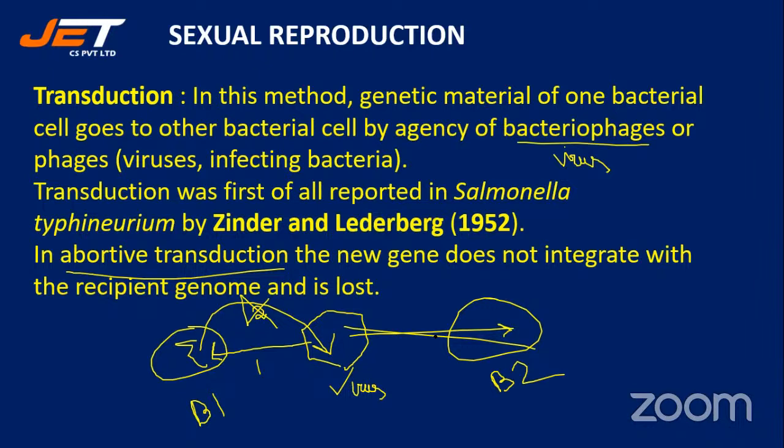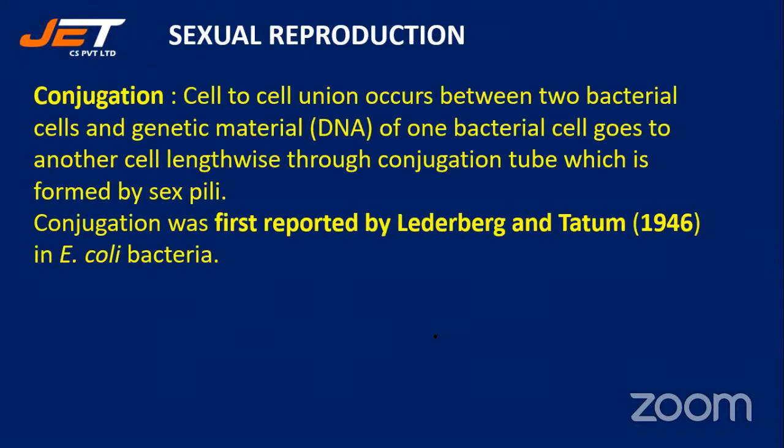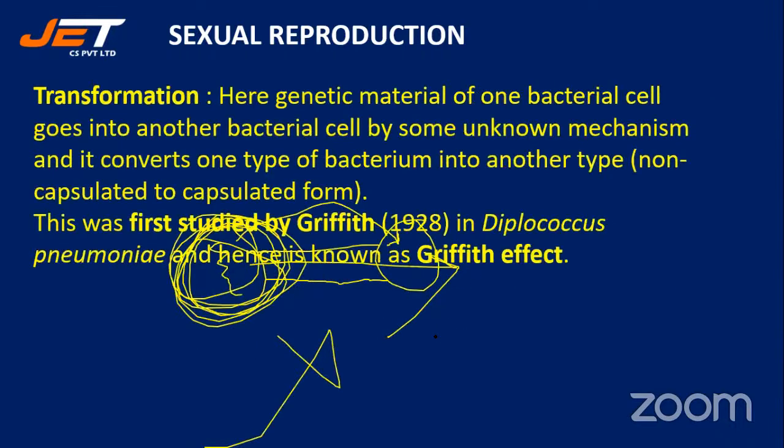Yes, ma'am. Okay. And what is conjugation? Conjugation is simple. Conjugation is cell-to-cell union between two bacteria, and the genetic material goes from one to another through sex pili or through the conjugation tube. Remember, transformation is from one bacteria to another bacterial cell by some unknown mechanism.